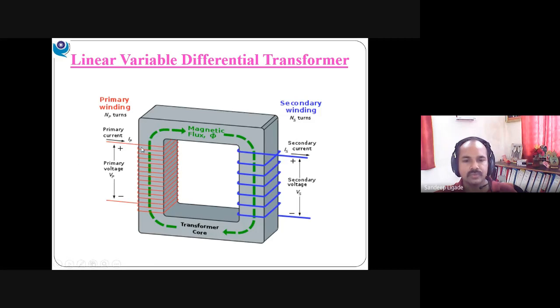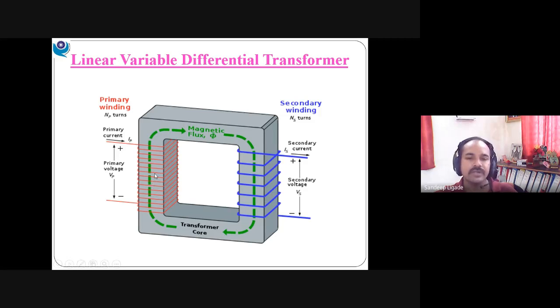Flux. So there is a primary winding, here is a secondary winding of a transformer. Primary winding is more, secondary winding is less. So that's why this is called a step down transformer. This is a copper coil. So when we give an AC source, AC signal here, at that moment AC current will flow through the primary, and due to that AC current, AC flux is generated. That AC flux links to the primary winding of the transformer.